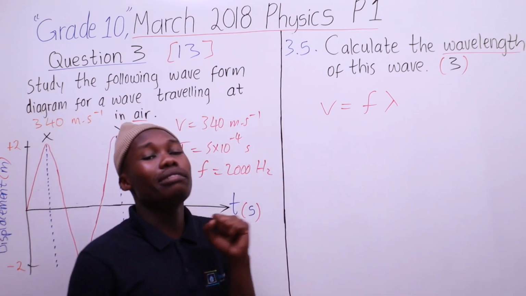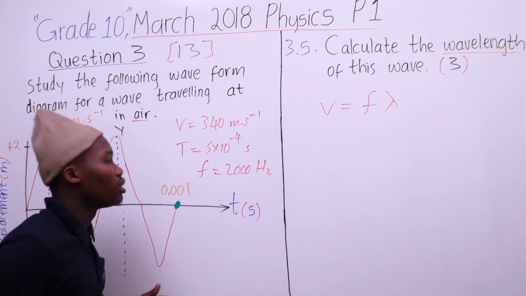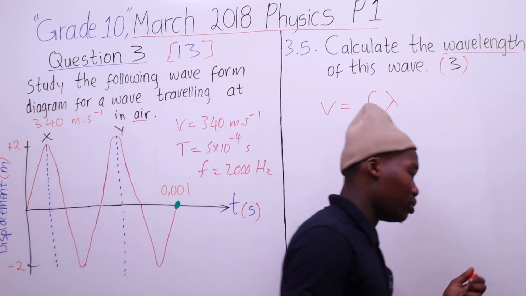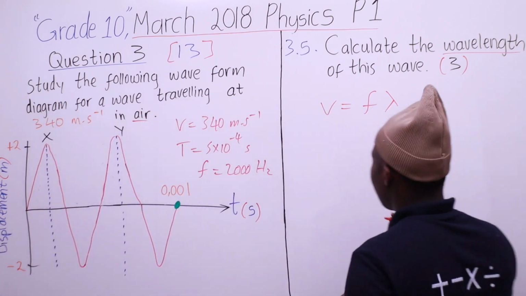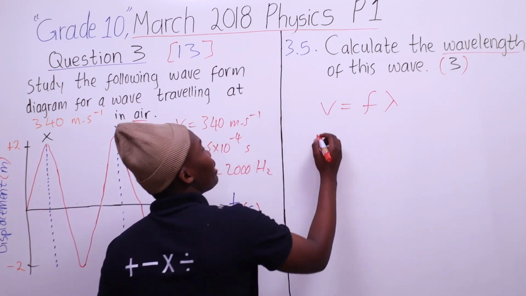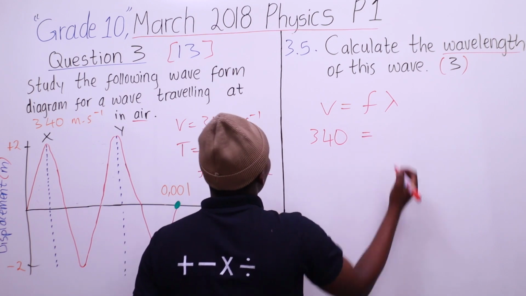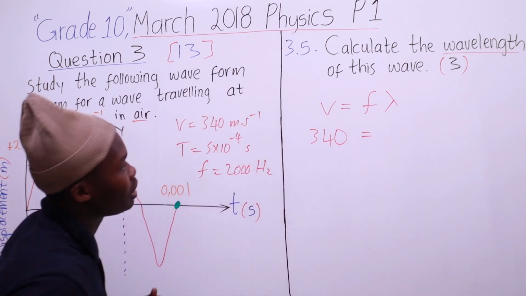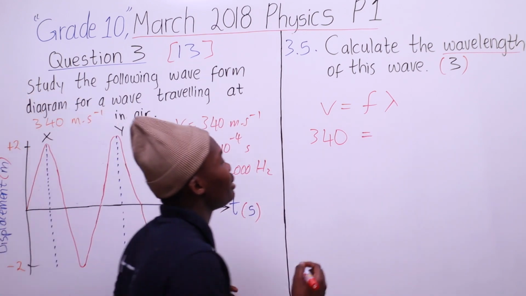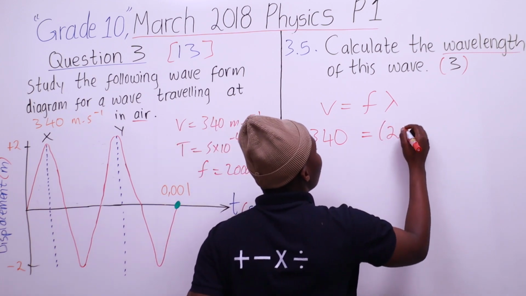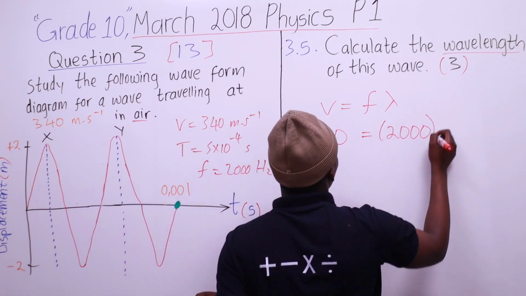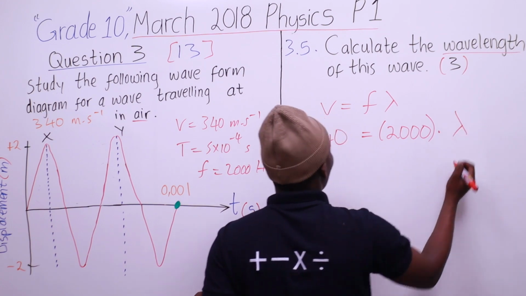Okay, so V is 340 meters per second. So 340 is equals to F, which is our frequency, 2000 multiplied by the wavelength.